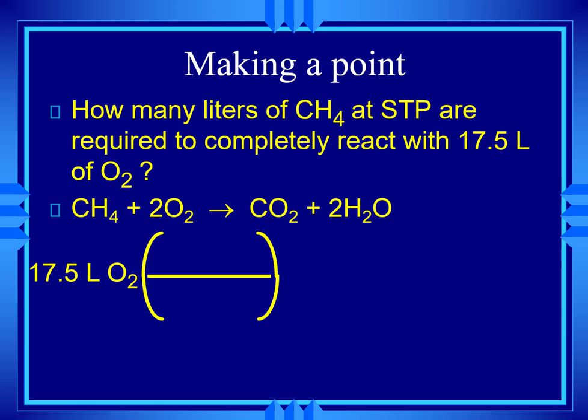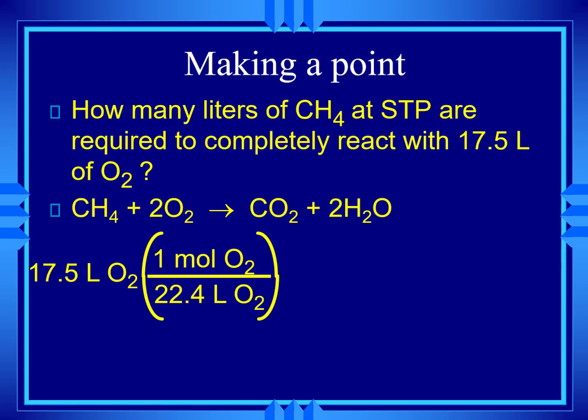That's got to go on the bottom, and liters of O2 I can turn into moles of O2. They didn't give me moles, so I'm going to turn it into moles. So 22.4 liters of O2 is 1 mole of O2, because we're at STP. Works for every gas. And my liters of O2 have canceled out.